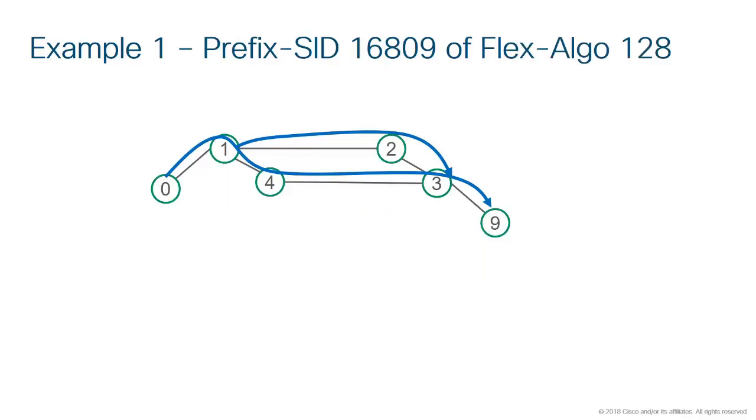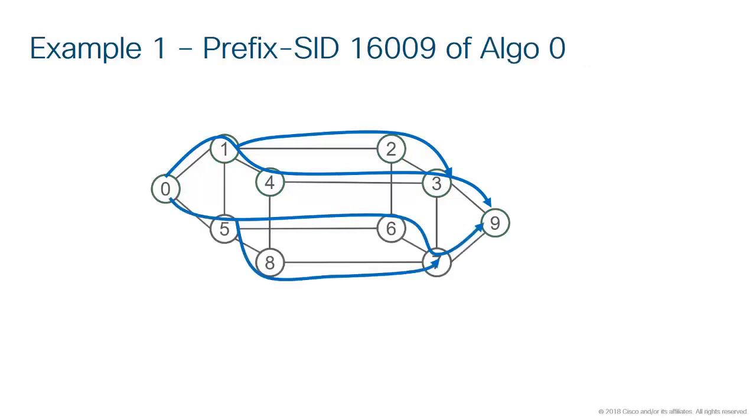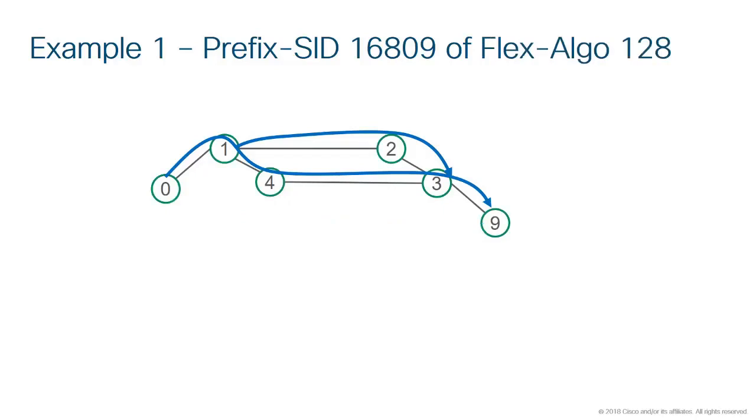Prefix-SID 16,809 from 0 is basically going to go to 9 according to the shortest path from an ISIS viewpoint, but only in the green plane. And so that will be the path. So if I have a pseudo wire that is steered on 16,009, it will use all the capacity across the planes. If I have a pseudo wire that is steered over 16,809, it will be steered over the maximum load share, but only in the green plane.